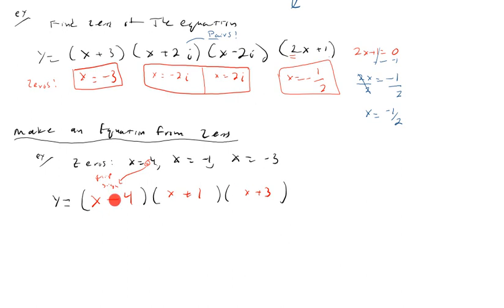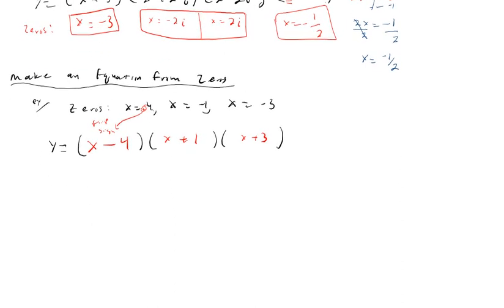I'm going to have to take this and multiply to make a polynomial. So I want to get some equation that's going to have x to the third power plus a bunch of other stuff here. This is my goal. I want to make my polynomial.